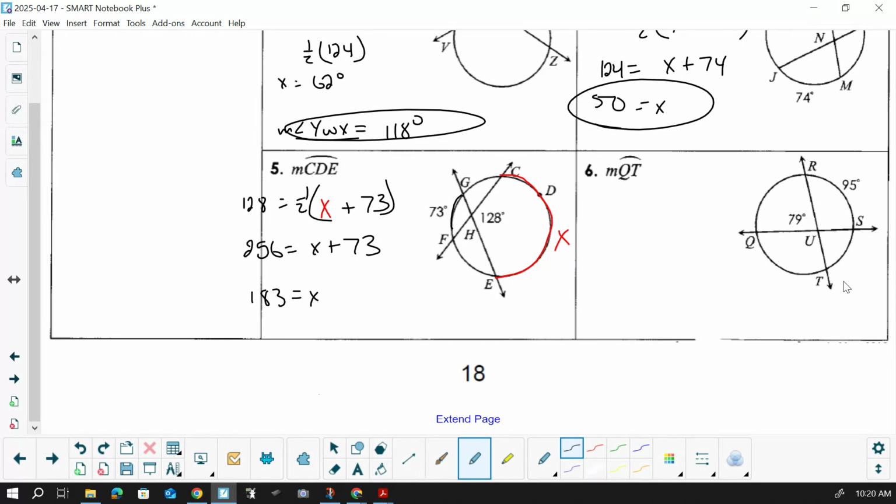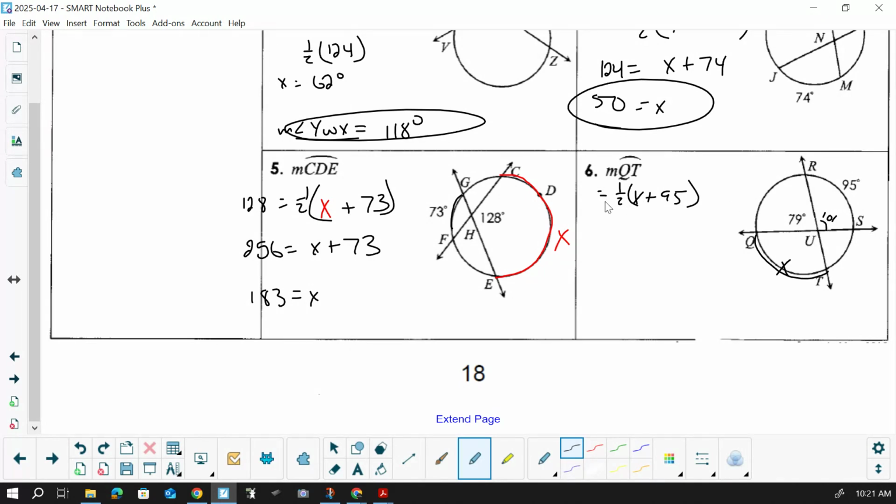Okay. Next one here, QT, this one. QT will make it X plus 9 times 1/2 equals, now notice the angles, this angle's in the wrong spot. I need one of these angles, right? So to find it, I just do 180 minus 79, I get 101.